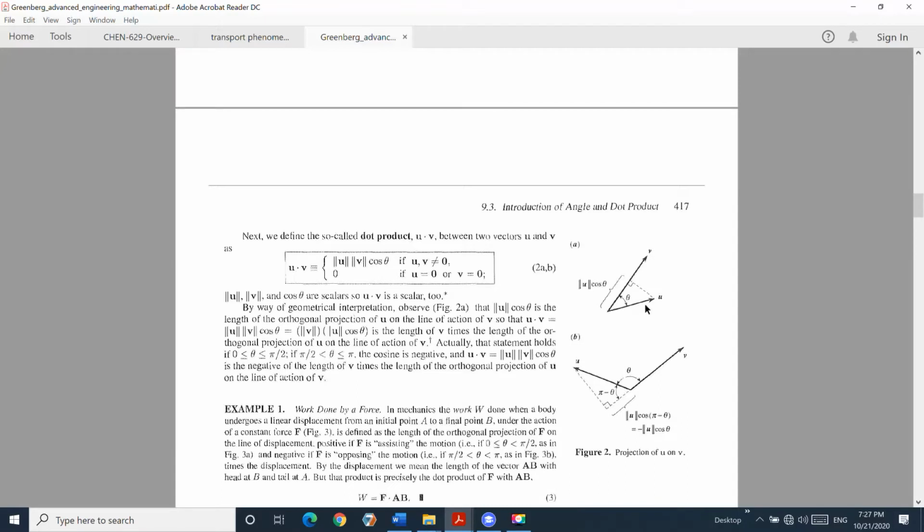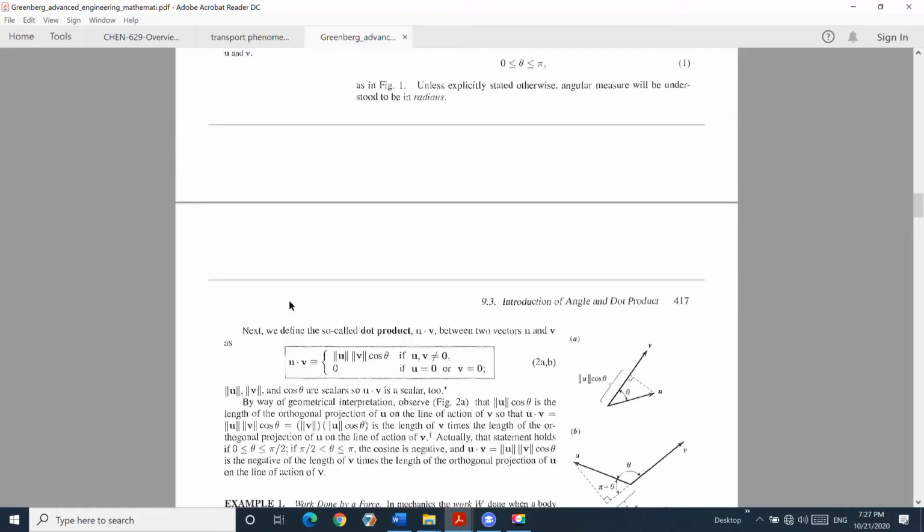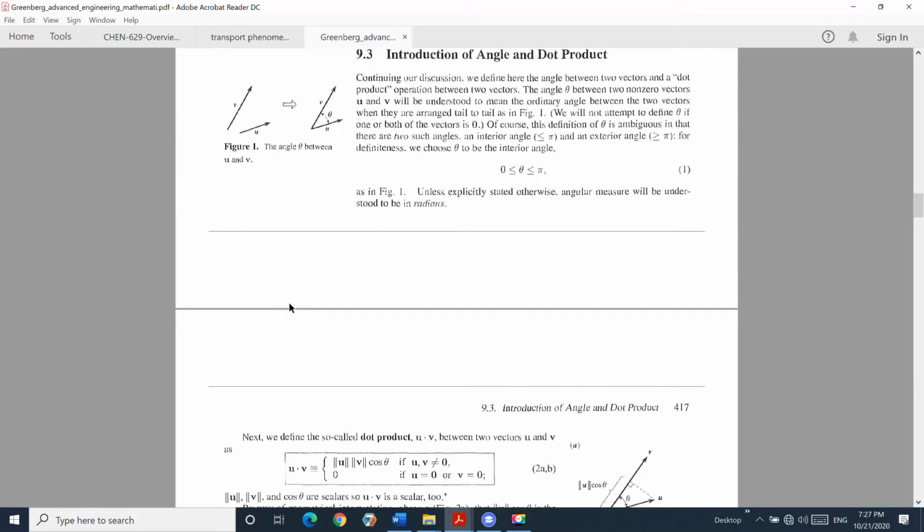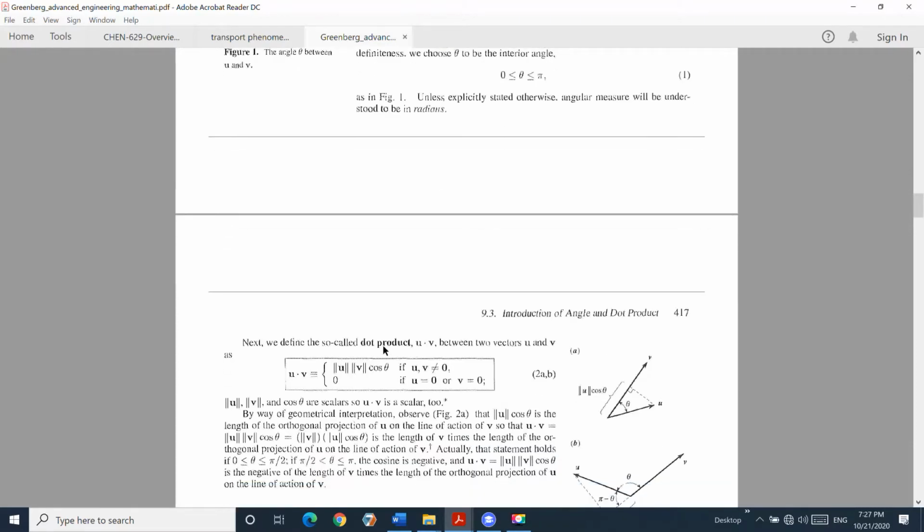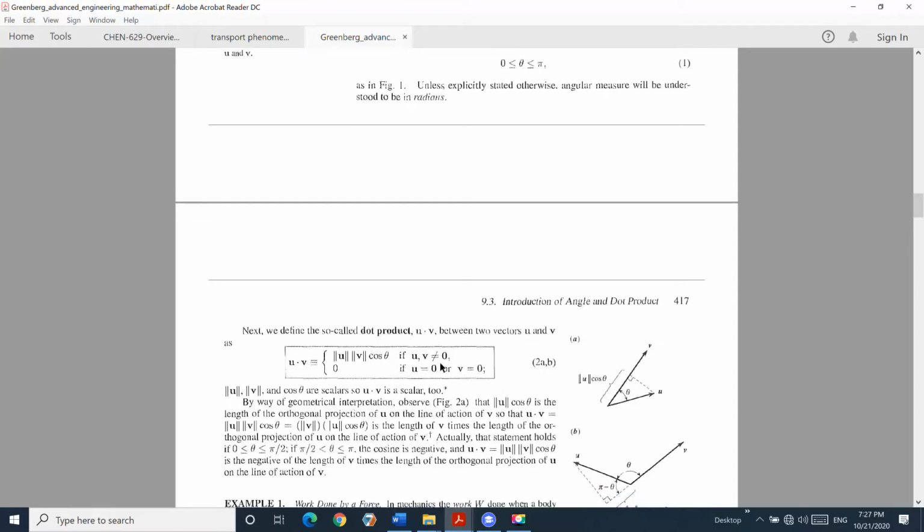You have two vectors. There is an angle between the two vectors, and we can define the dot product u dot v, basically a multiplication. We call this mathematical operation the dot product between two vectors u and v.